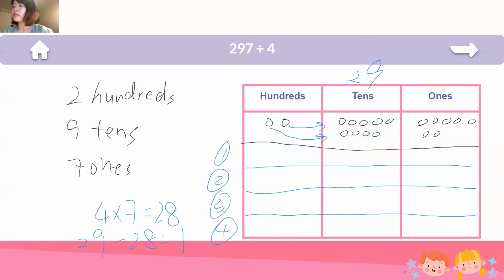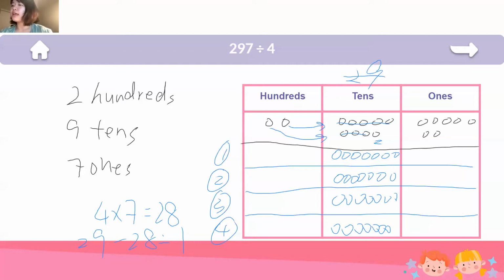So we cross everything out, and that only leaves 1 ten. Let's count 2, 3, 4, 5, 6, 7. So we have 7 in each of the 4 groups, and the remainder is 1.